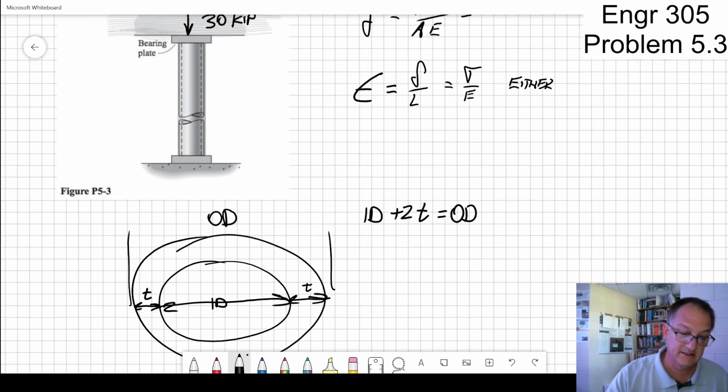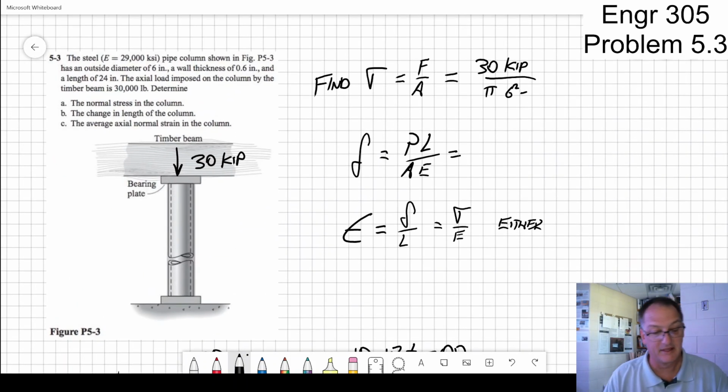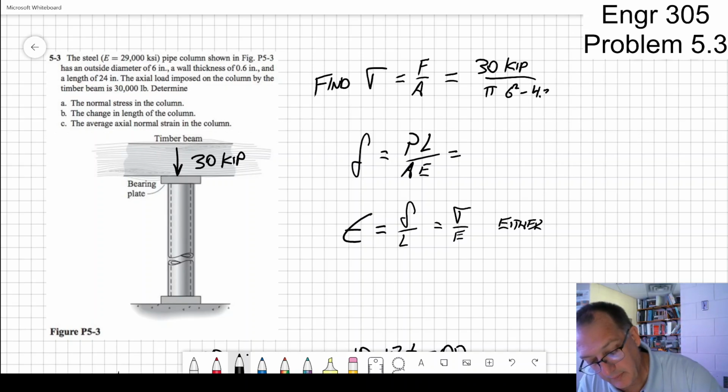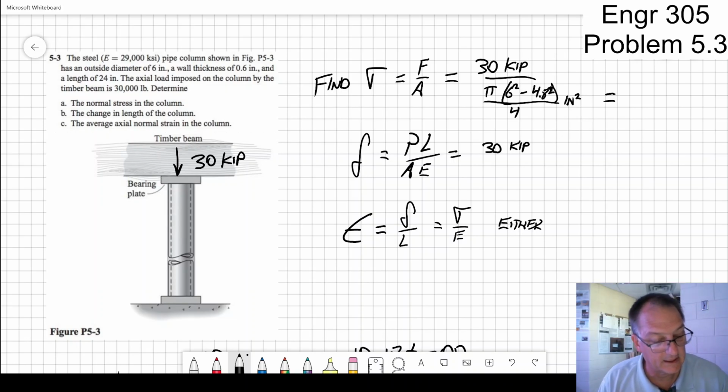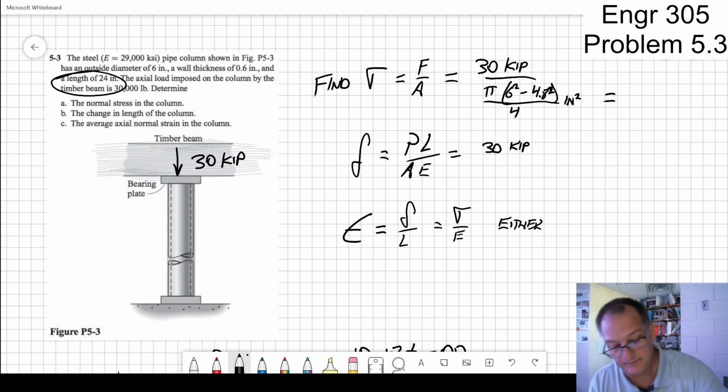So when my thickness is 0.6, I have to subtract two of those. My ID is 4.8 inches, squared, divided by 4, and that's in inches squared. I can calculate that in a second. For the second one, it's 30 kip times the length, which is 24 inches.